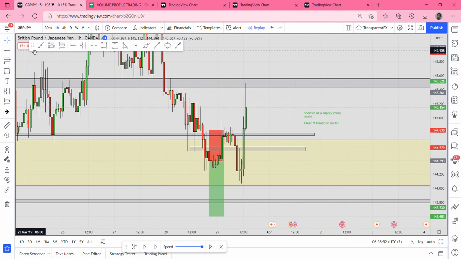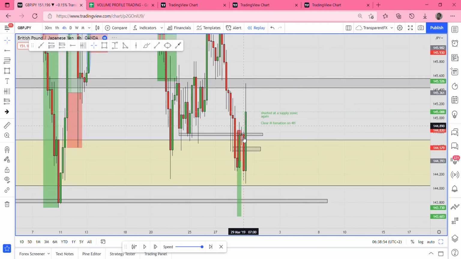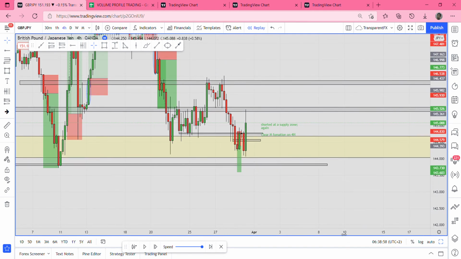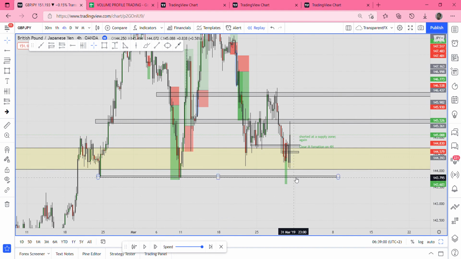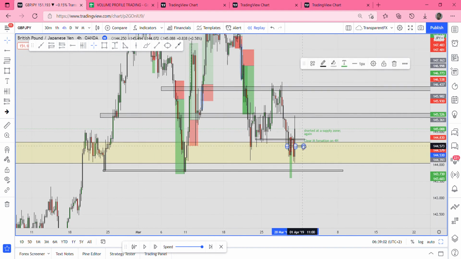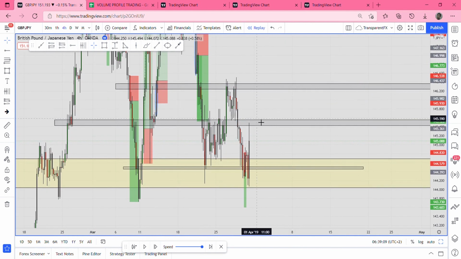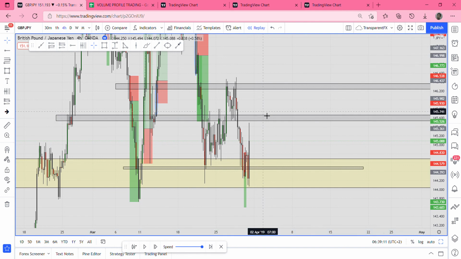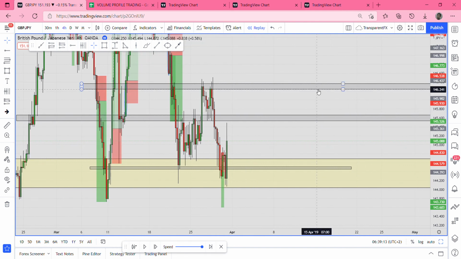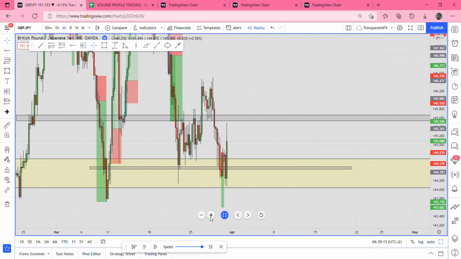Okay. I just want to check on the 4 hour time frame what's happening real quick. We have this move and we have this move. And I feel like we're back in the zone that I was talking about. Let me just remove all this other stuff. This is still kind of an area here. I'll move this for now.